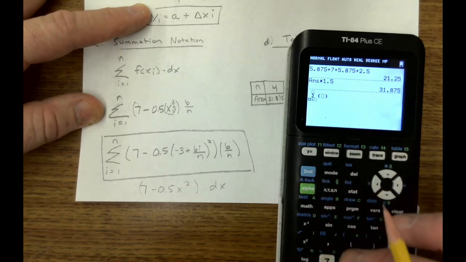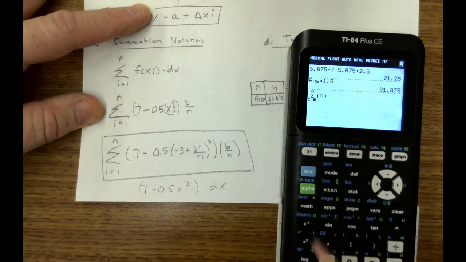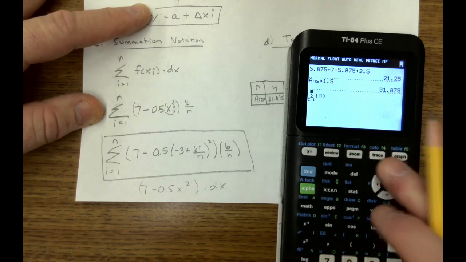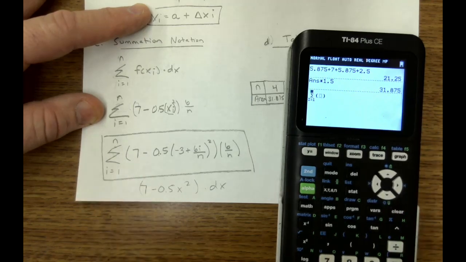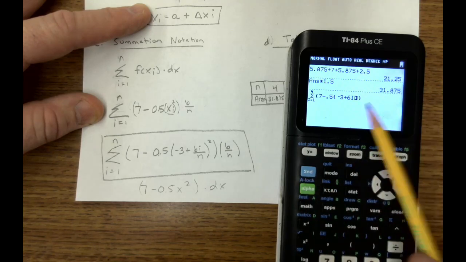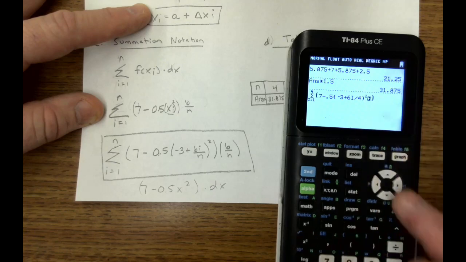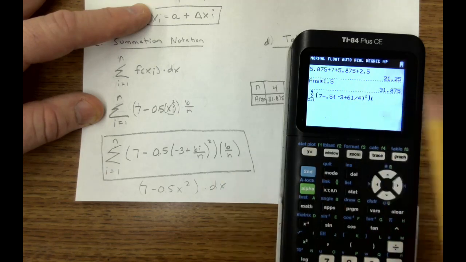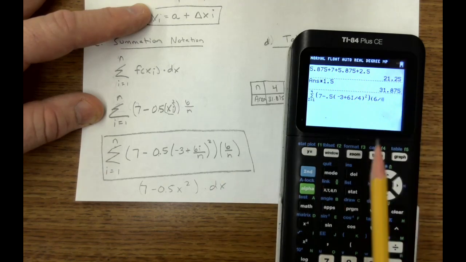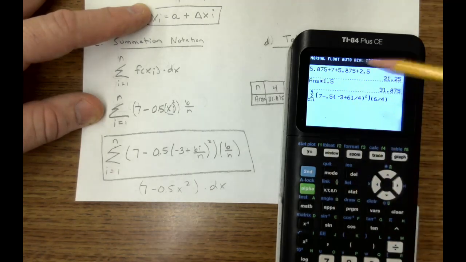I'm going to use the letter i, which is right there, hit alpha i, 1, and I want 4 rectangles, so I'm going to put a 4 up there. 7 minus 0.5 parentheses negative 3 plus 6 times i divided by the number of rectangles, 4, parentheses, square that, and you can put on your dx outside, 6 divided by 4.